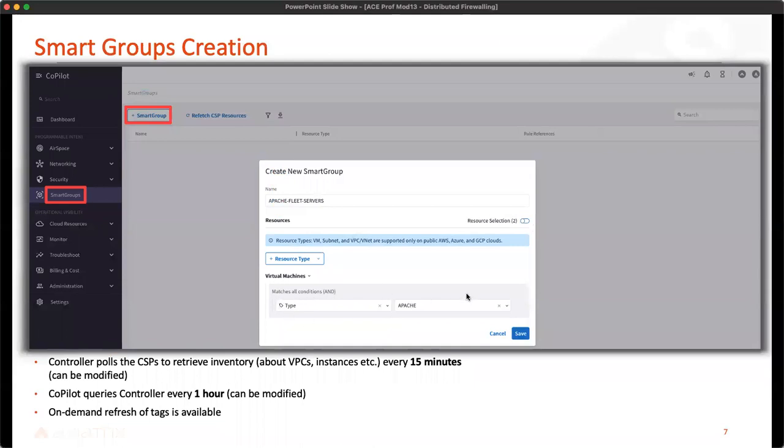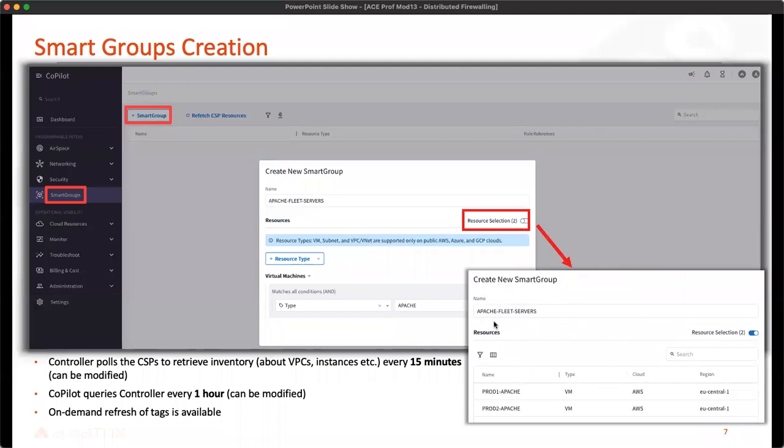You can have multiple conditions and make an AND or an OR expression. By default, the controller polls the CSP, meaning the cloud service providers, every 15 minutes to fetch the inventory. This is a timer that can be modified. And the CoPilot queries the controller every 1 hour. Again, this is another timer that can be modified.